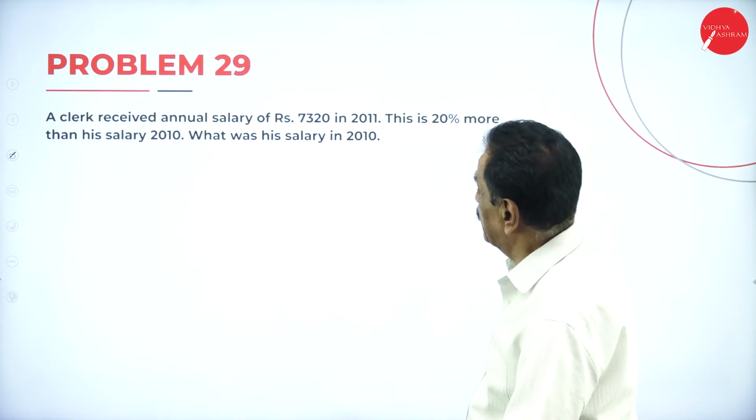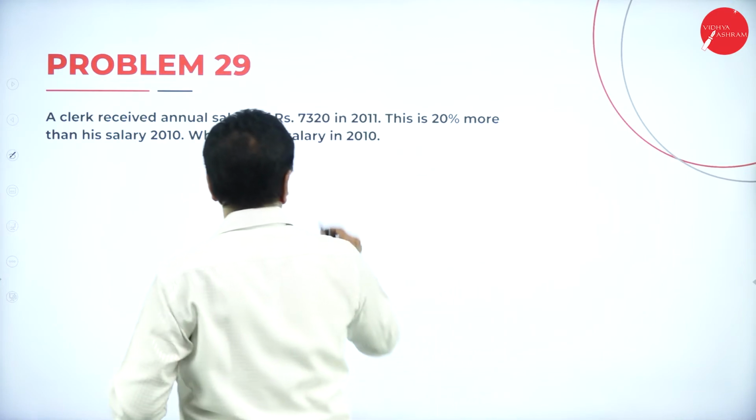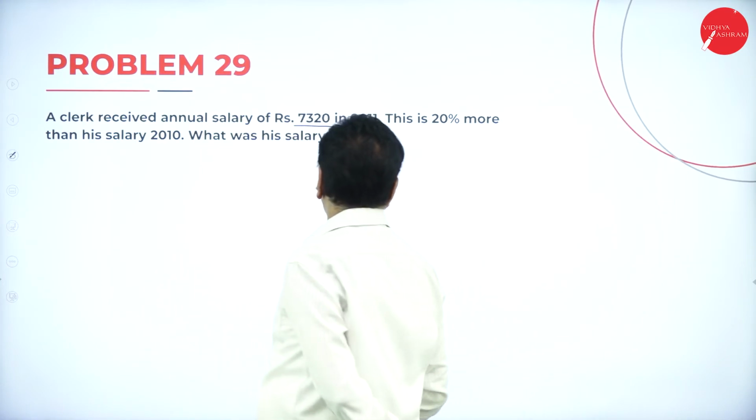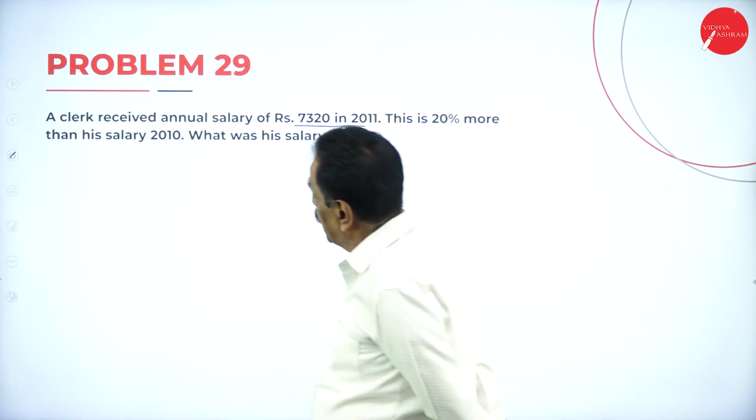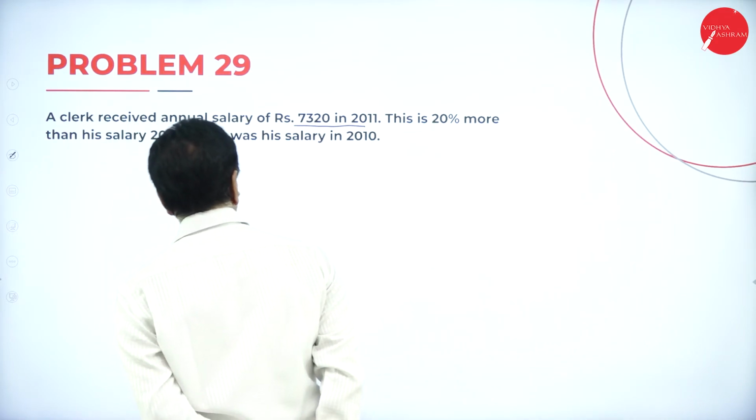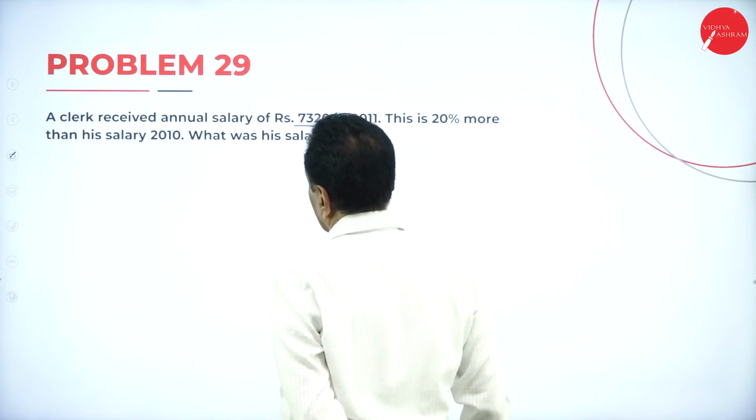A clerk receives an annual salary of 7,320 in 2011. This is 20% more than his salary of 2010. What was his salary in 2010?